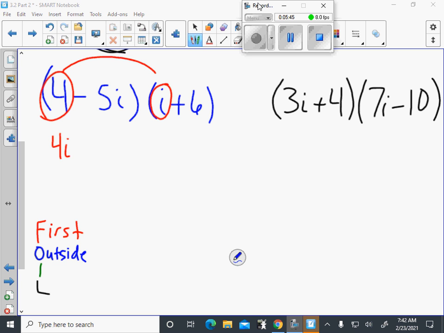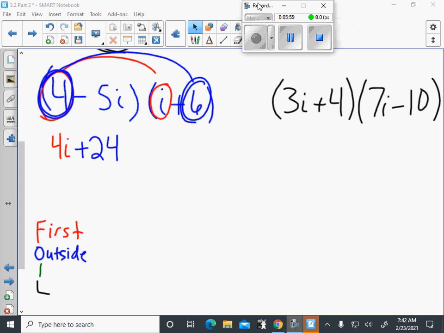The outside of both binomials, so it's the furthest ones away from each other, the 4 and the 6. We multiply them together. What's 4 times 6? That's 24. Okay, that's outside. What do you think I is? That's inside. Or the two closest to each other, negative 5i and i.